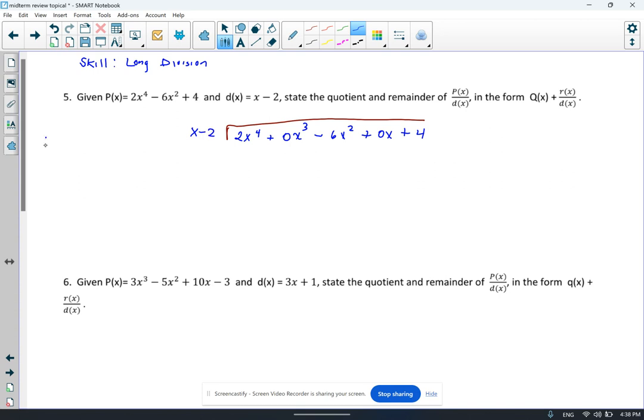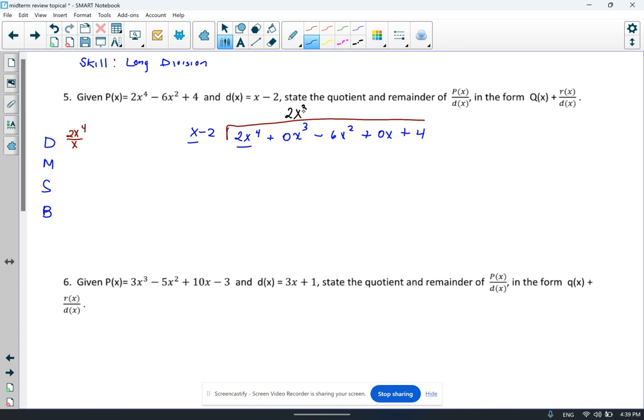The process that we use is divide, multiply, subtract, bring down, and that's the acronym Dirty Monkey Smell Bad. First, you look at the first term of the dividend and the first term of the divisor, and you take 2x to the fourth and divide it by x. When you do that, you get 2x cubed.